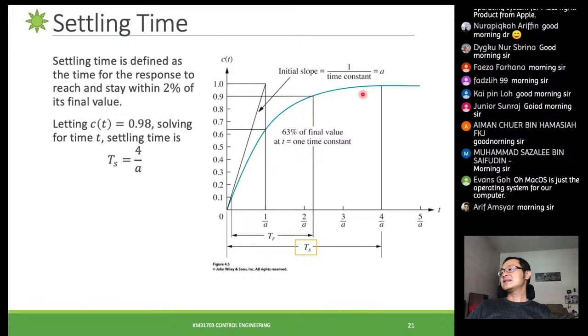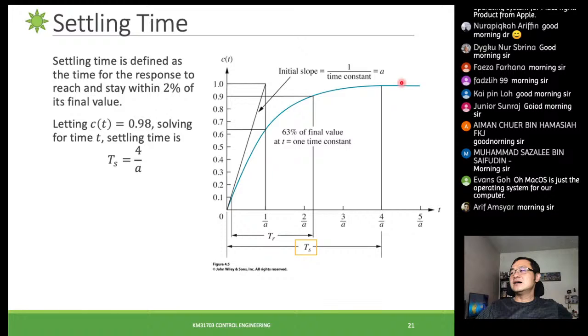It will just shoot up. You can see the shooting up is straight, no curve, and only then does it curve and become steady. No oscillations near the final value itself.